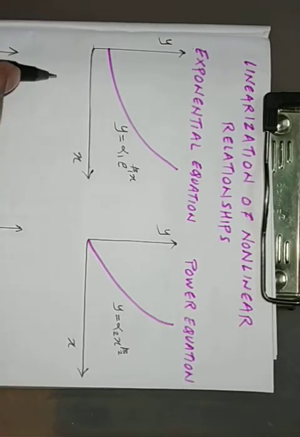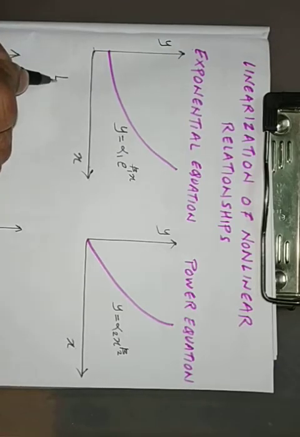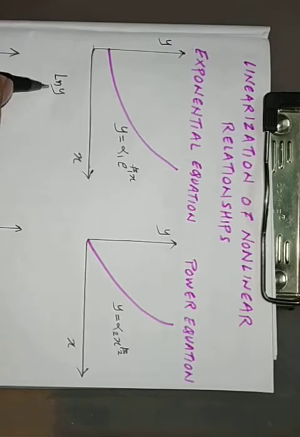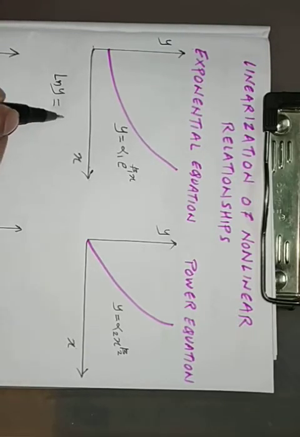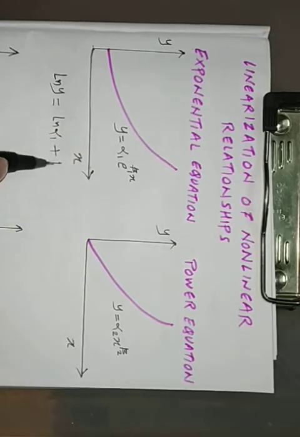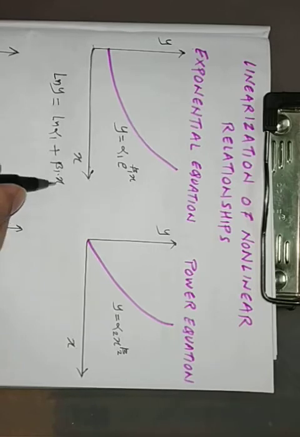So after taking natural log, we will get ln, that is natural log of y, is equal to natural log of alpha 1 plus beta 1 into x and natural log of e.